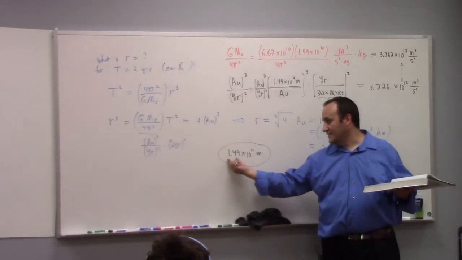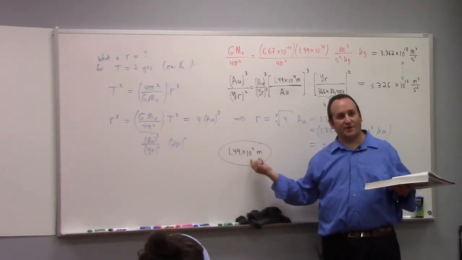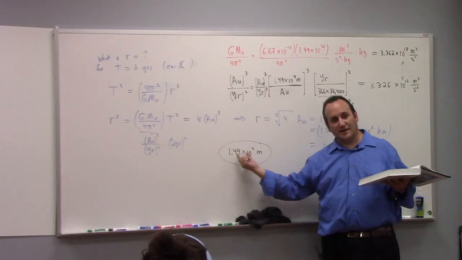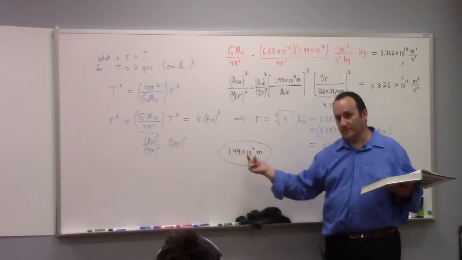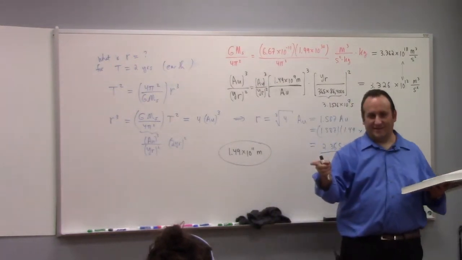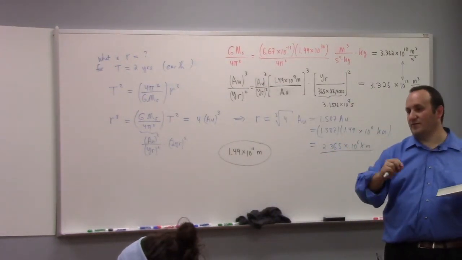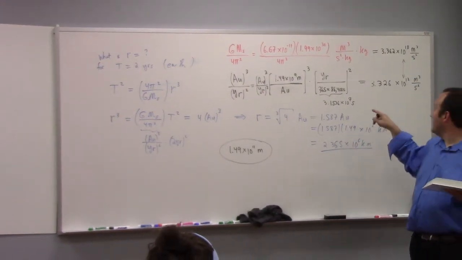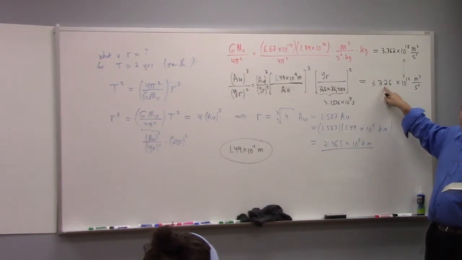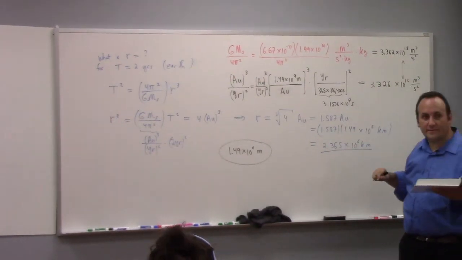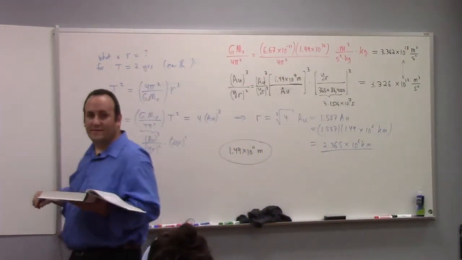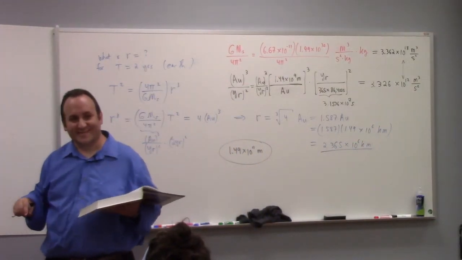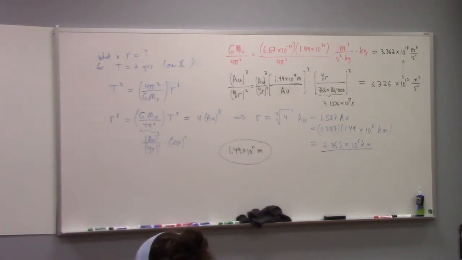So 149 times 10 to the 9th meters would be correct, and 1.49 times 10 to the 11th is the same, right? I told you it was 149.6 million, and I just heard 1.49, and I dropped the 6 altogether, which probably explains why this number is a little bit smaller than that number. Yay. All right. Sorry, your group should have worked faster. Small lesson about the value of group work right there.